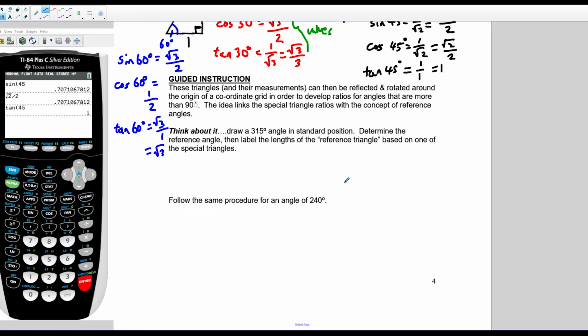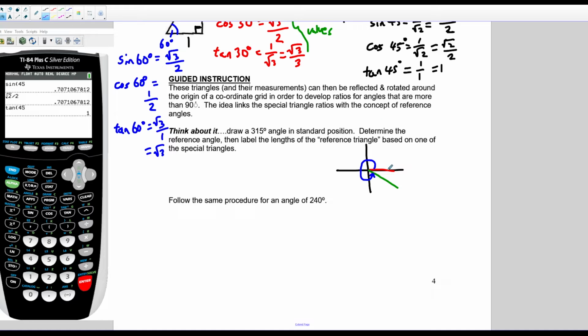So let's start off by drawing our Cartesian plane here. And we know that 315 degrees is going to be down here in quadrant number 4. So let's go with my initial arm. My terminal arm is going to be down over here. So my angle in standard position is going to come all the way over there.